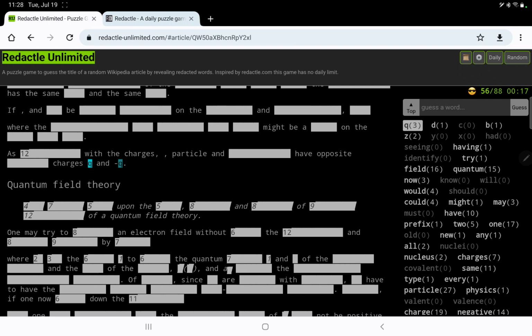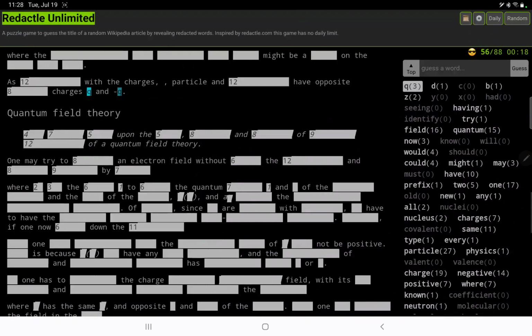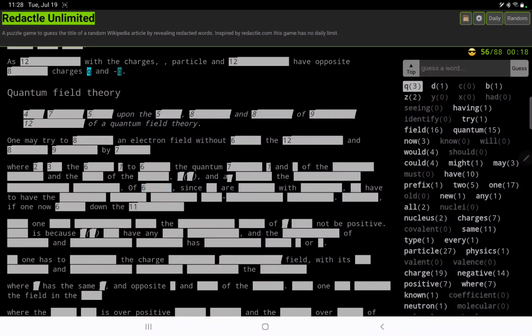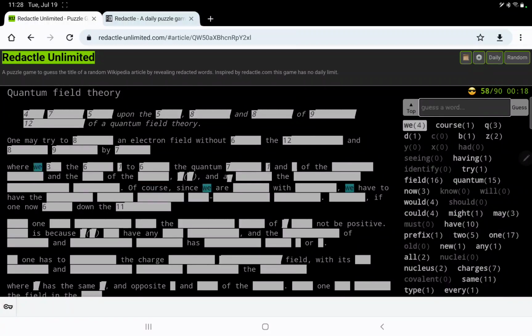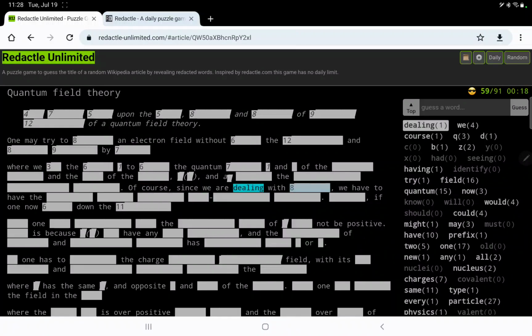That's interesting, comma, so maybe there's some unprintable character in between there. Particle and something have opposite 8, so again we have this 8-letter word before charges. Of course, since we are dealing with something, we have to have the 979.